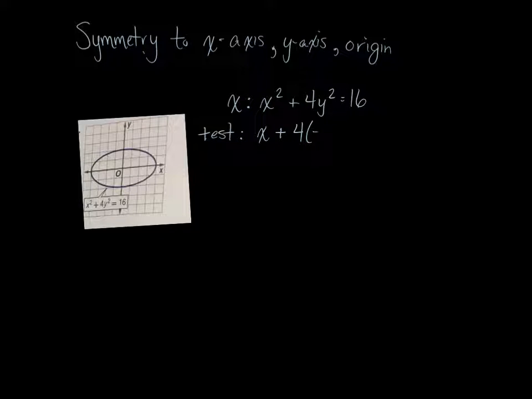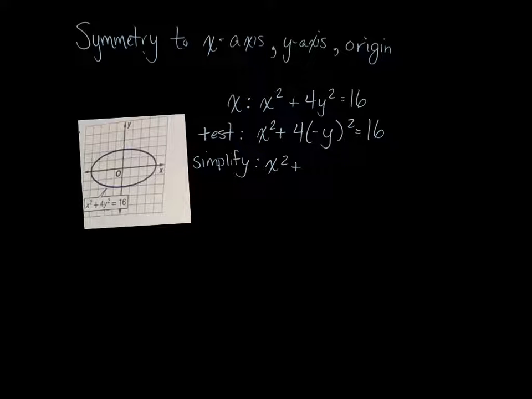So you just make that -y squared. And then you have to simplify it. And some of them are going to be more complex than others. This one's a pretty easy one to simplify. Your x squared stays the same. And whenever you have a squaring of a negative value, it's a positive.